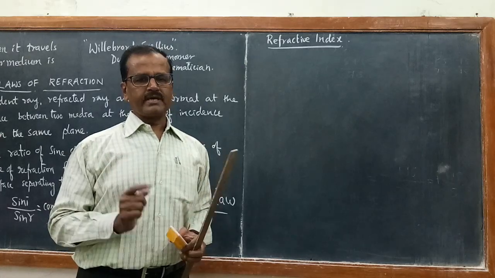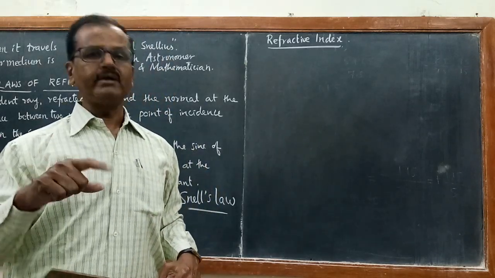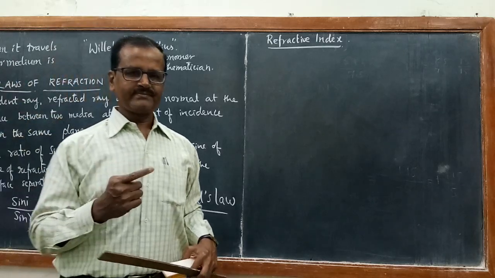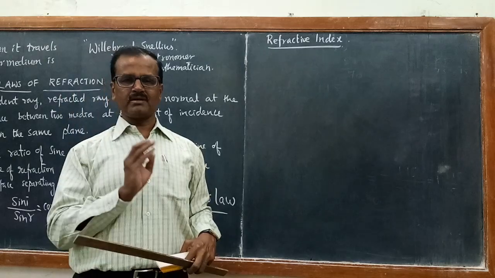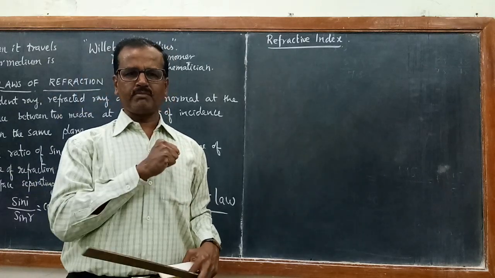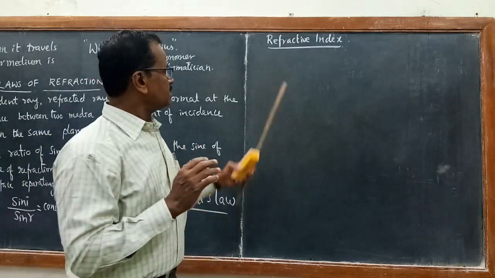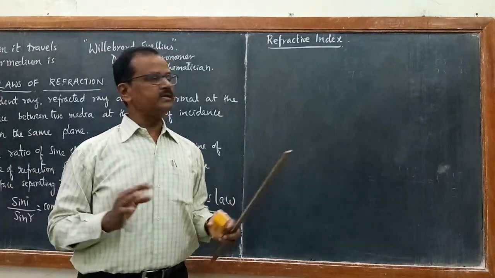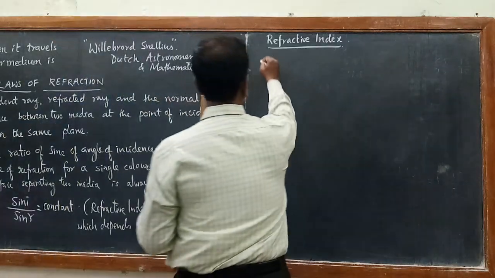In the same way, if the ray of light enters from a more dense medium into a less dense medium, then what happens? The ray of light bends away from the normal. So this extent of bending towards the normal or away from the normal is understood by the value of the refractive index.